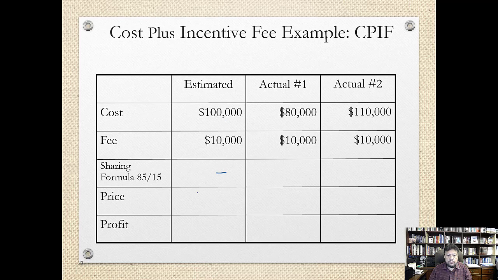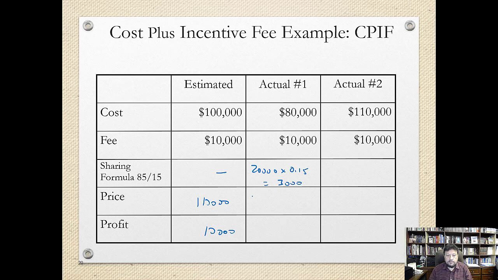The total price to the client is 110,000, and the profit for the contractor is 10,000. However, in the case that they bring us a saving of $20,000, in this case 80,000 instead of 100, that $20,000 is used to give them 15%, which becomes $3,000.